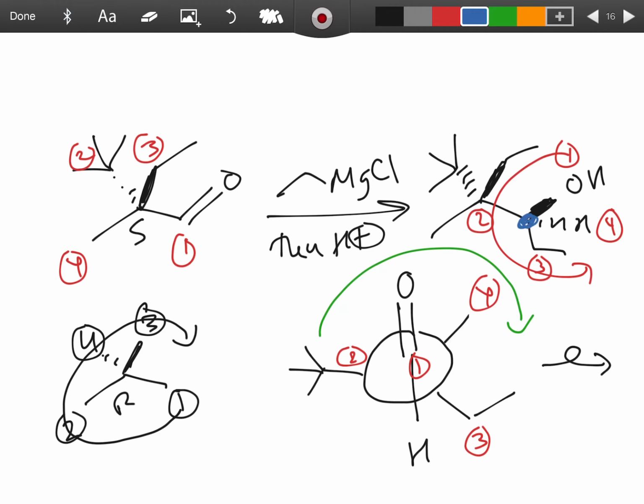So I could give you something like this exact problem and say, what's the product of this with correct stereochemistry? Use the Felkin-Anh model to explain it, and you would need to draw me some circles. That's what I would be asking for, where you can predict what you're going to do.